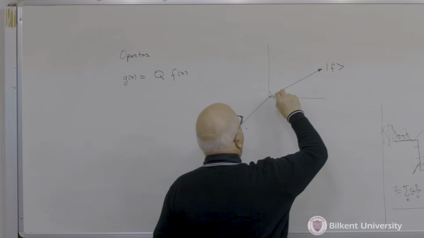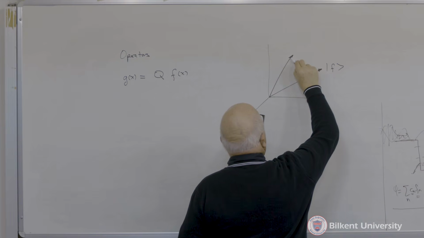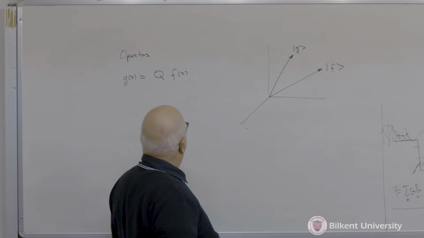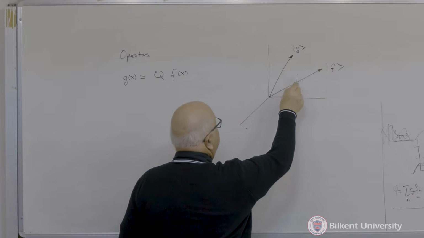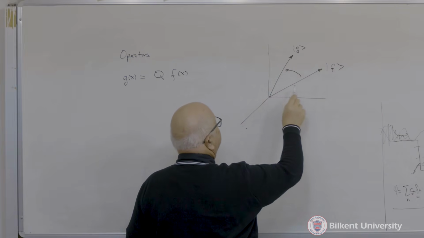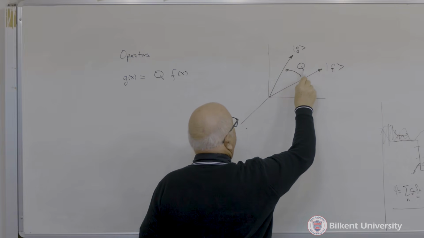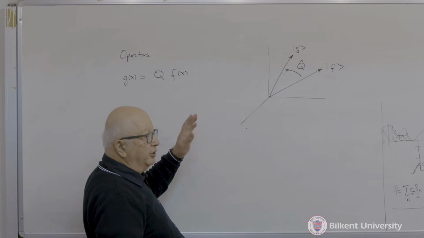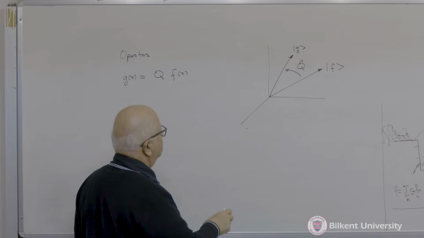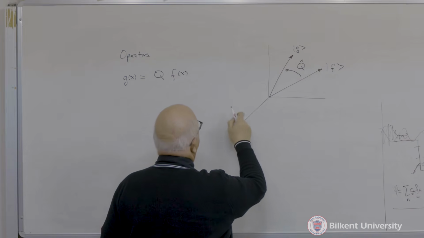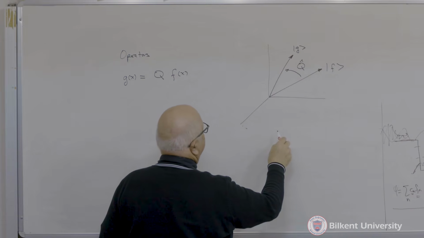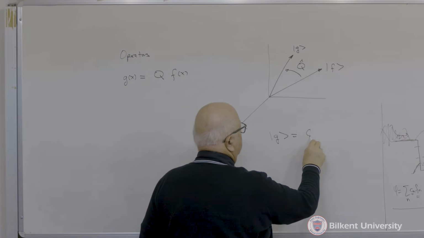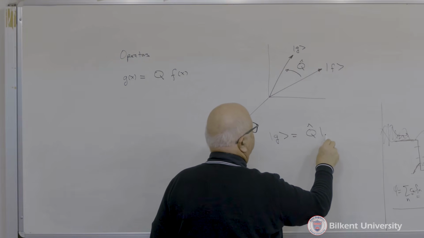Function g becomes a ket vector g. And the object which takes f to g is q, but since it's in the Hilbert space, I'll put a hat on it. At some point I'll drop the hat, but our notation will be that g is equal to q f.